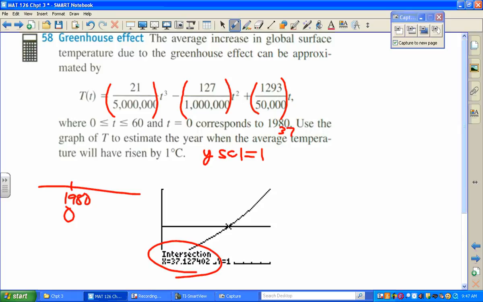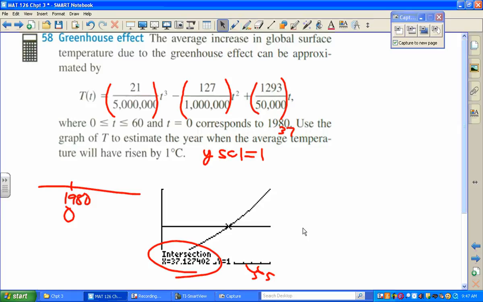Why is it 37? Because I thought you said they were in intervals of 5. The scale, these are in intervals of 5. This tells me the actual x value, which is between the 2 tick marks. Okay? So, I had 37 to 1980, and what do I get?